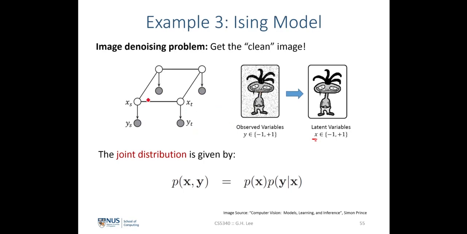So the graphical model here would be for every single latent random variable there is an observation which represents that pixel. So these are all the observed values per pixel. And so for every pixel here, what we want to infer would be the state of that pixel in the clean image.